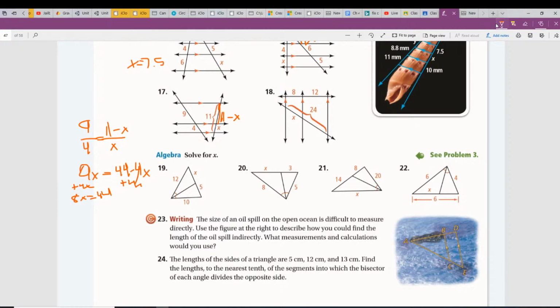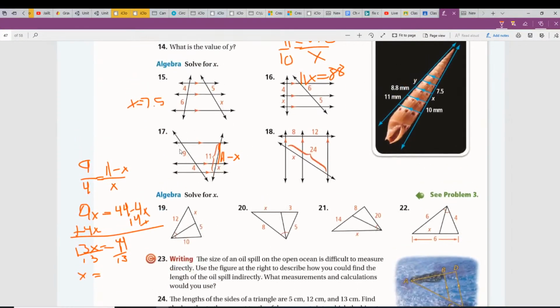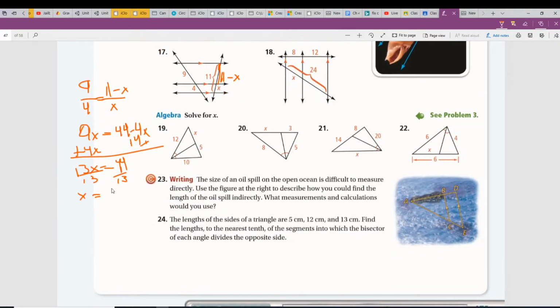Yeah, so again, this is my mistake. This is 9x is equal to 44 minus 4x, so we add 4x. And we get not a good number, but this is what the actual answer is. So I didn't really expect the textbook to give us this problem, but they did.